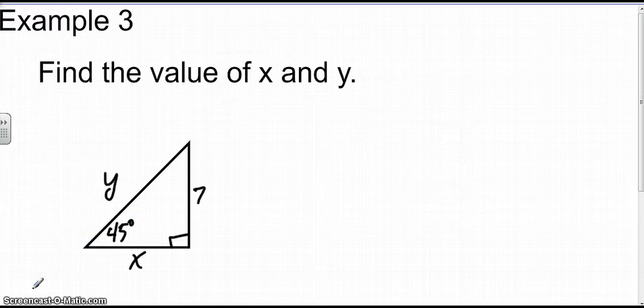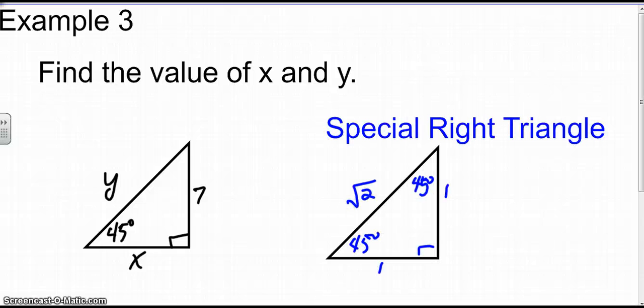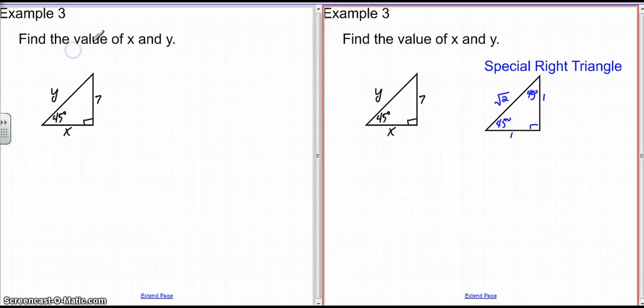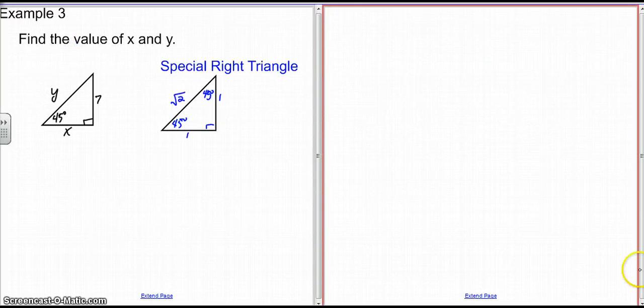Now in example 3, I'm going to find x and y again, but my triangle is now a 45-45 right triangle. I'm going to use the same strategy I used in the last case, and I'm going to think about my special right triangle, where I have a 45-45 and my sides are 1, 1, square root of 2. So same strategy.